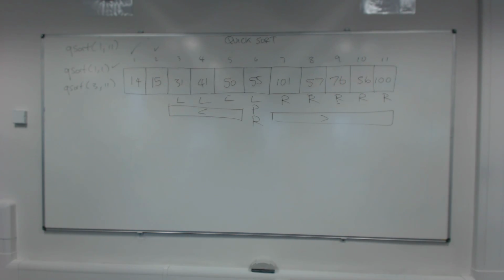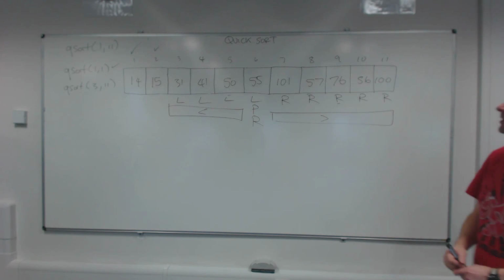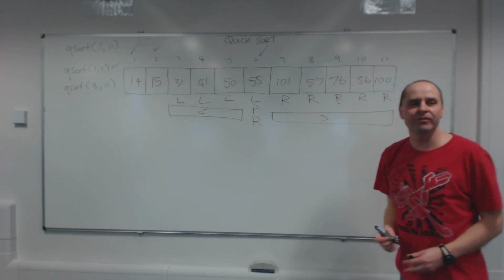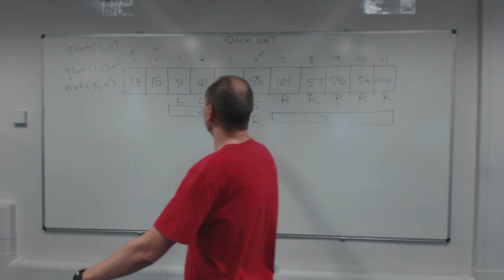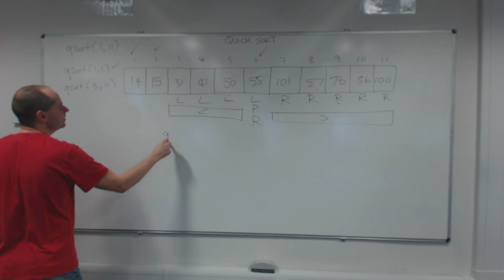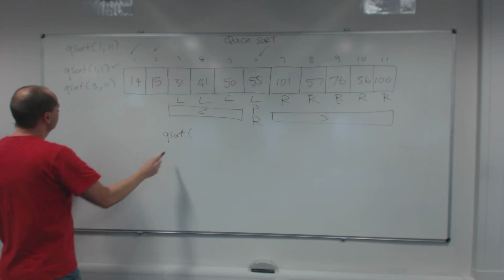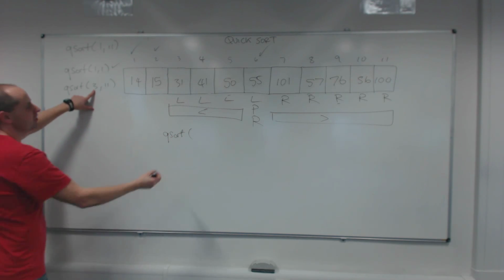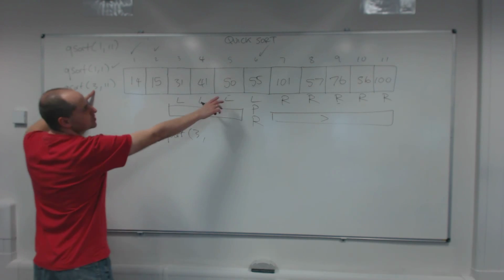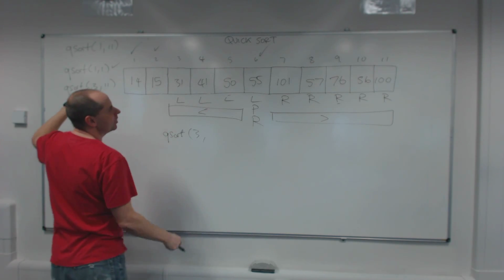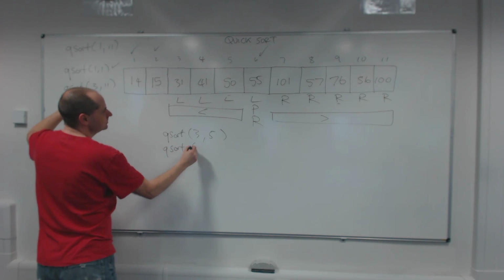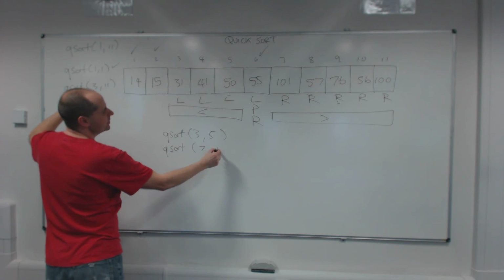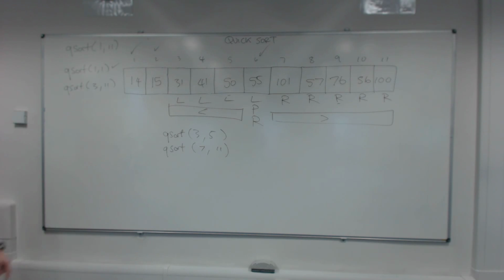Okay. Right. So when we get to that point, we put 55 in the correct place in the list. And we'd run quicksort again, but this time it would be from the bottom position, 3, up to 1 less than where the pivot was, which was 5, and we'd run it again with 7 up to the top position.